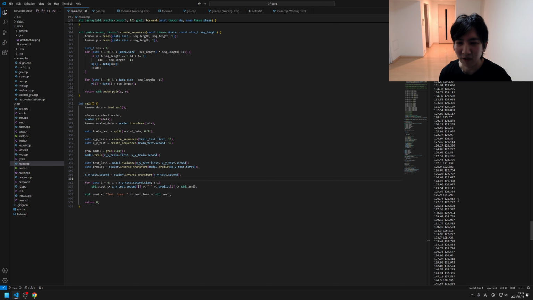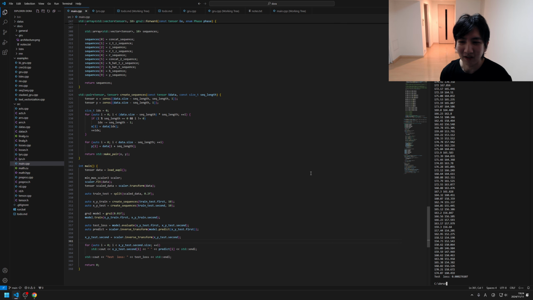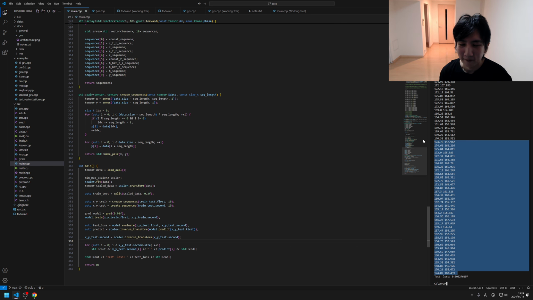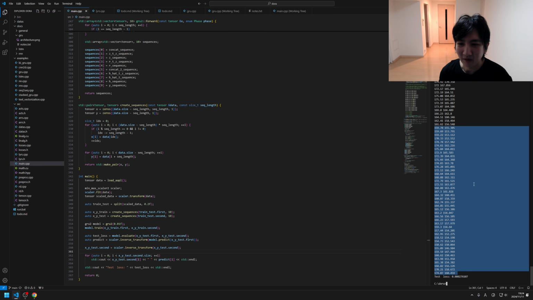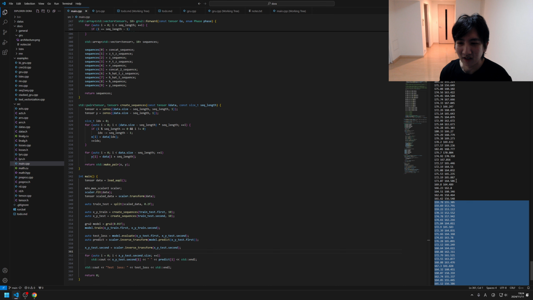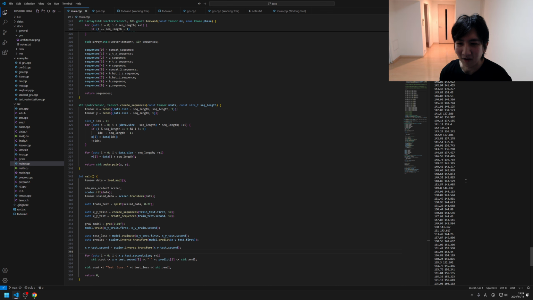I don't have TensorFlow example code this time, so I don't have things to compare. But if you write similar code in TensorFlow, probably the result would look like this, I assume.